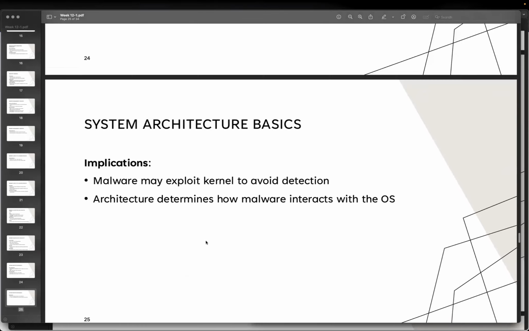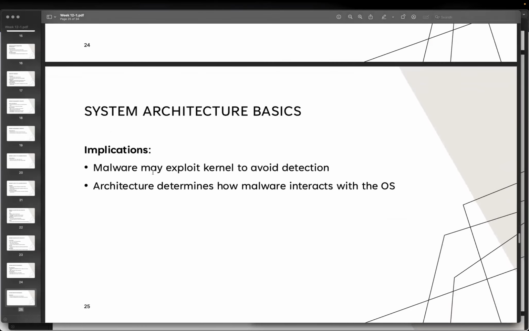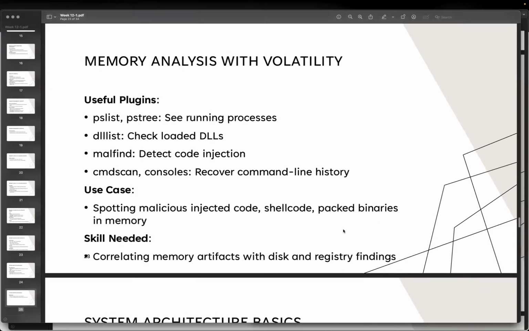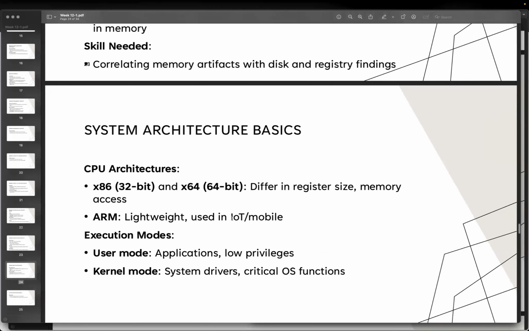The reason why this matters is that even we can switch it, which means the malware can try to exploit the kernel to avoid detection. The architecture determines how the malware interacts with the OS, so we have different ways.